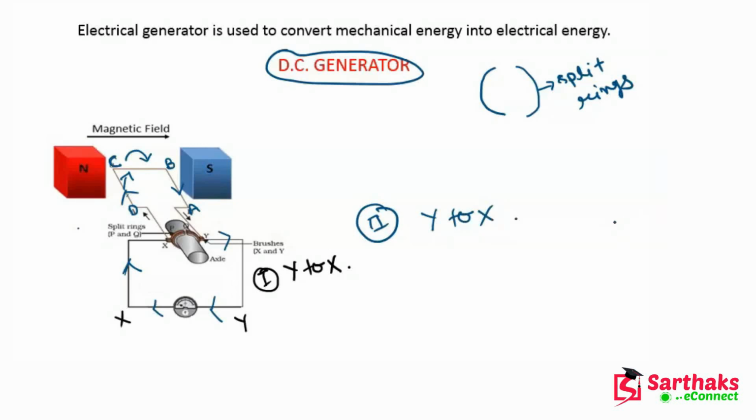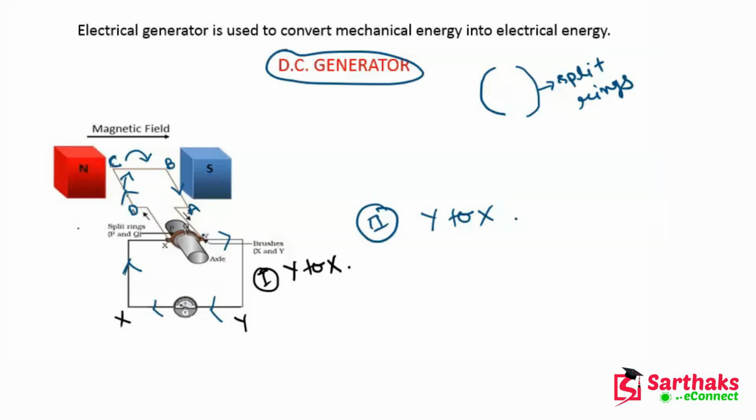So why has the direction not changed? Because of these split rings. But if we use slip rings instead of this split ring, then the direction will change. So I hope guys you understand the difference between the working of an AC and DC generator.